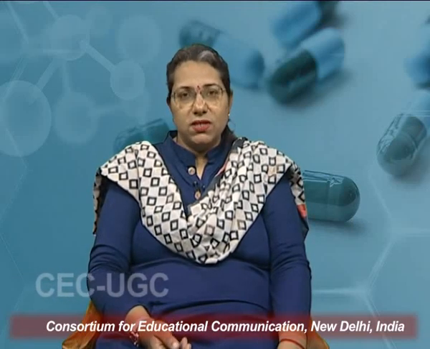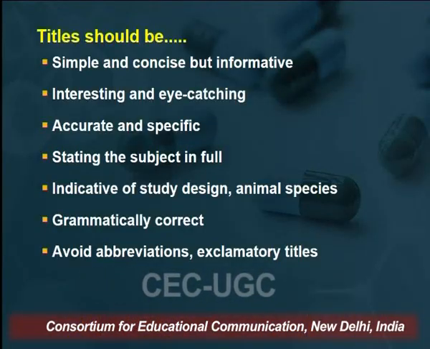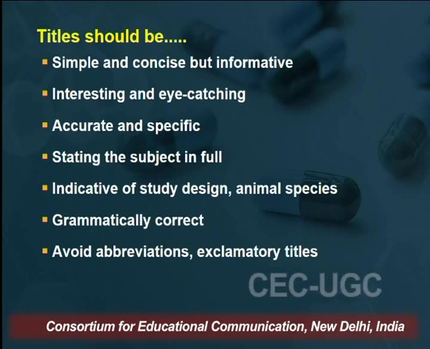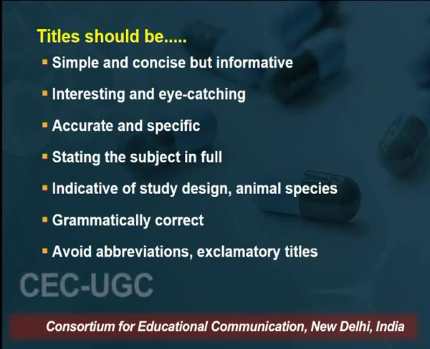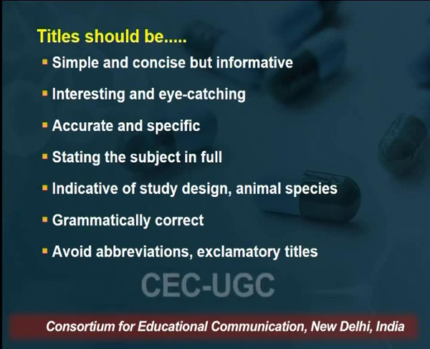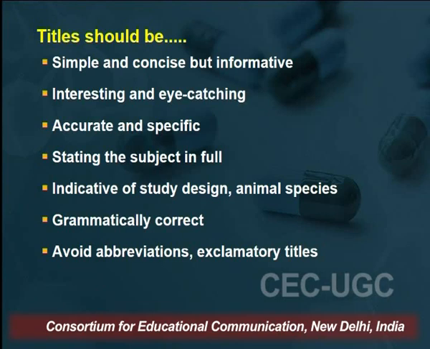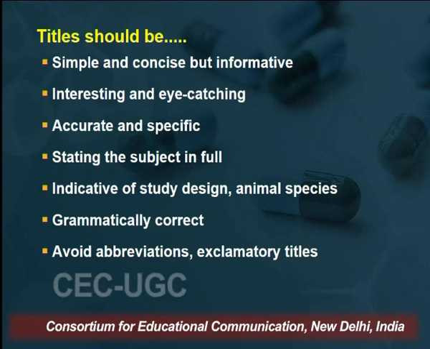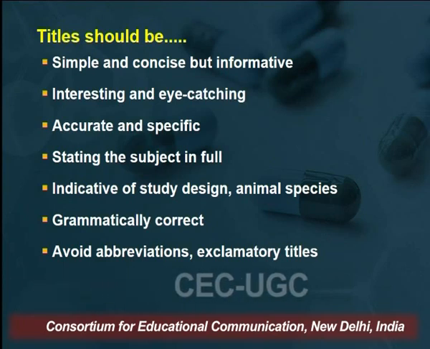Now comes the title section. We have seen the title section in the previous sections as well, where we know what kind of titles should be there. The title should be simple and concise, but it should have the information about your article, because it is the first part that every reader sees, and from that information he or she would be interested in reading your complete article.